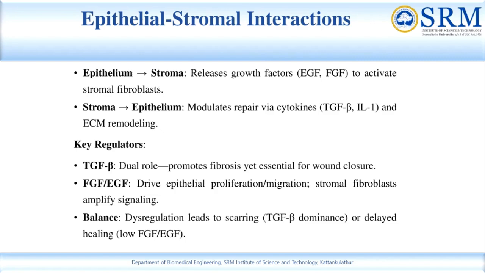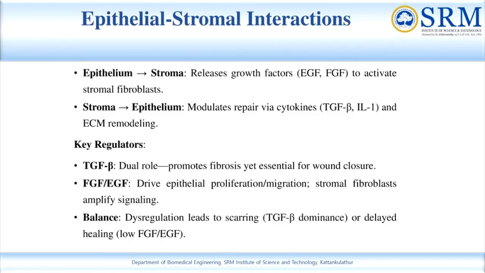This dynamic signaling between the epithelial and stromal cells helps to regulate different phenomena such as organ development, tissue homeostasis in adults, and the wound healing process. It also plays a major role in several disease progressions.